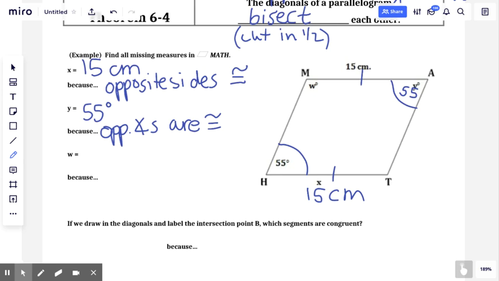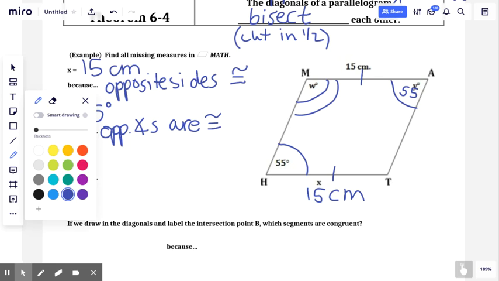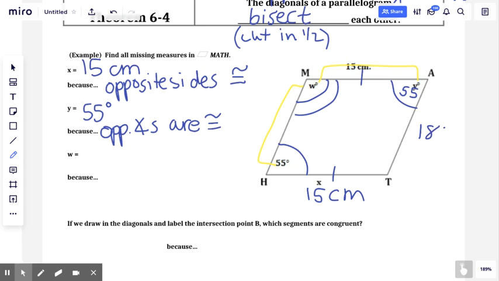Okay, W. So W is here. Notice W is not opposite of 55 or the Y. Those are considered to be consecutive angles. So right here, W and 55, those are consecutive. Also, M and A here, those are consecutive as well. So since they add to 180, we're going to do 180 minus 55, which would be 125.